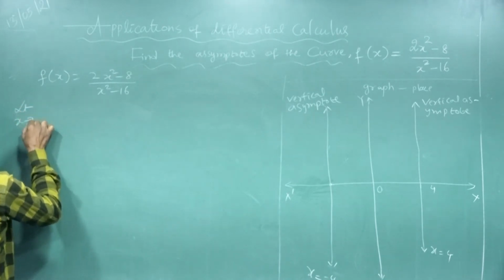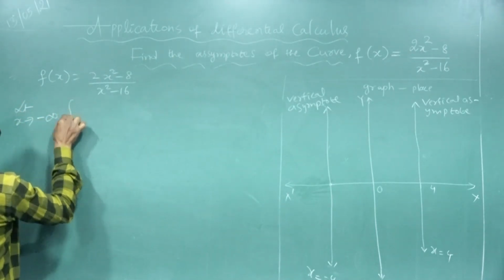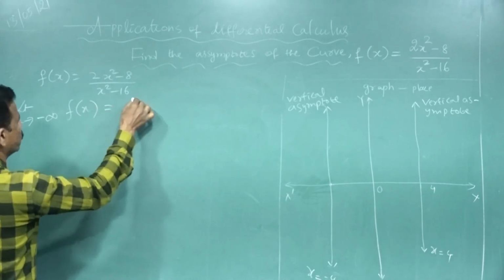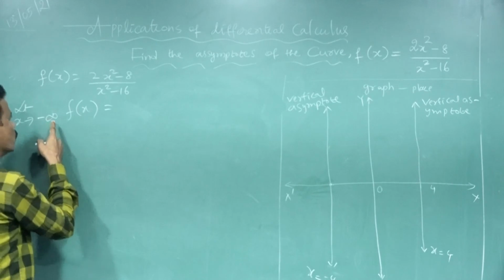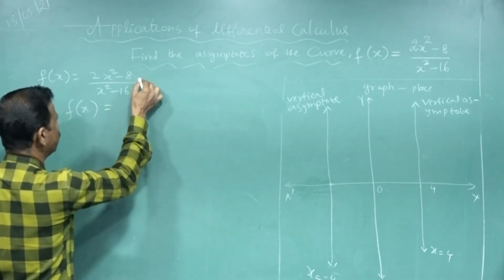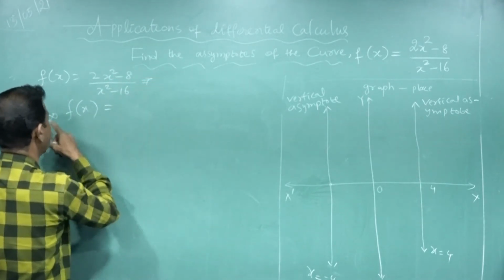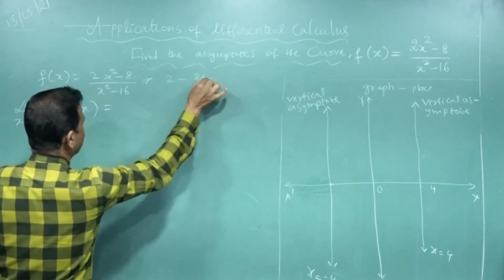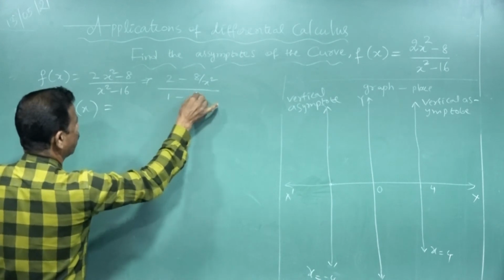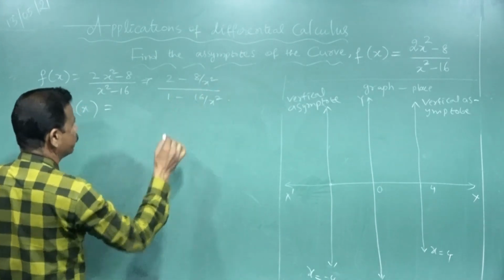Limit x tends to minus infinity, f of x equals what? Here x tends to minus infinity, so we divide this equation by x square: 2 minus 8 by x square upon 1 minus 16 by x square.